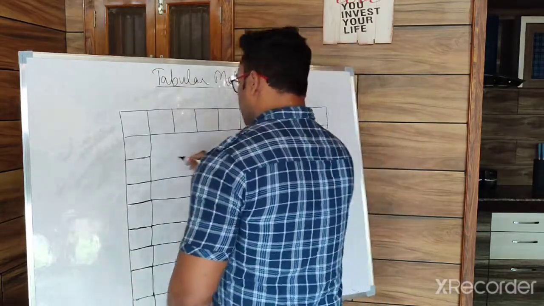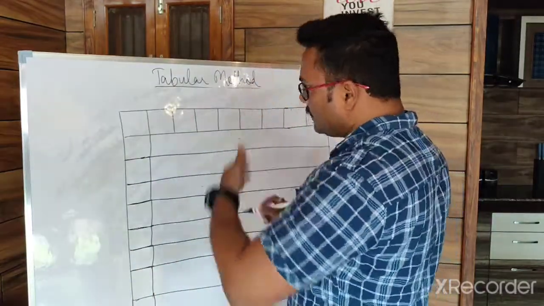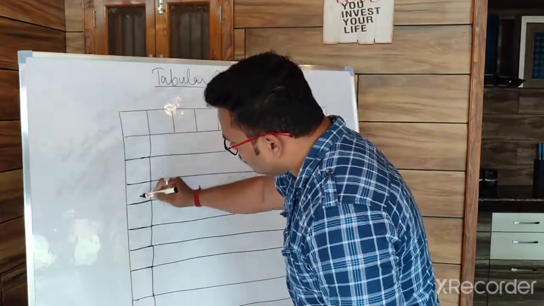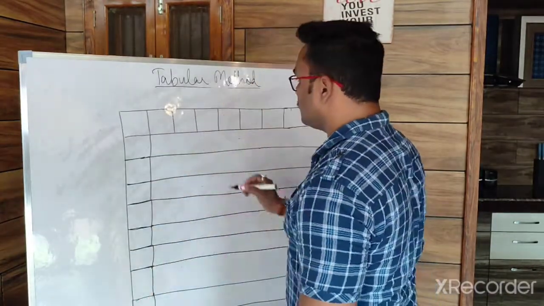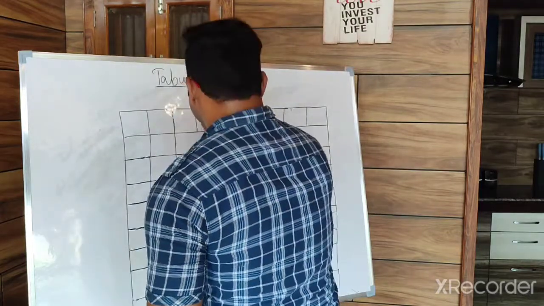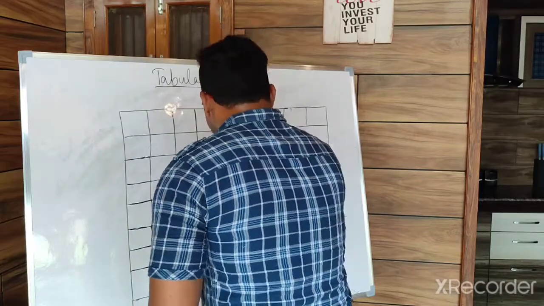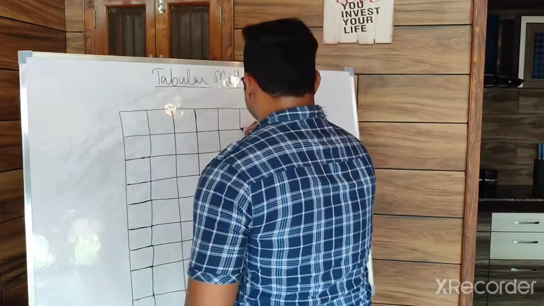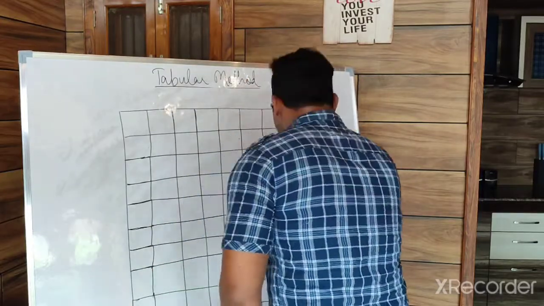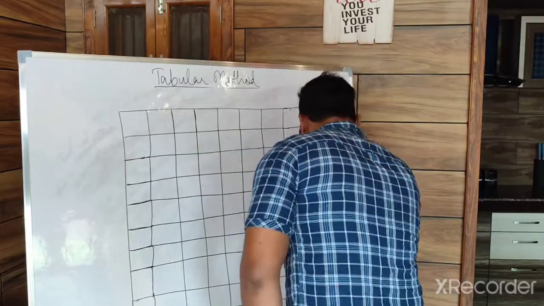It should come horizontally and vertically equal. So you can count it here. 1, 2, 3, 4, 5, 6, 7, 8, 9. 1, 2, 3, 4, 5, 6, 7, 8, 9. Now this way also we have to divide. 1, 2, 3, 4, 5, 6, 7, 8 and 9.